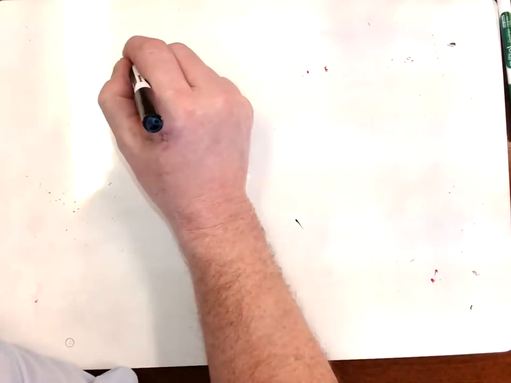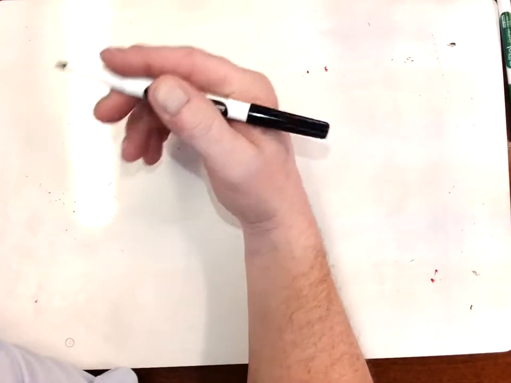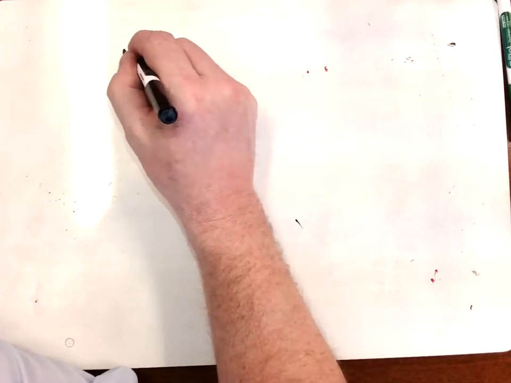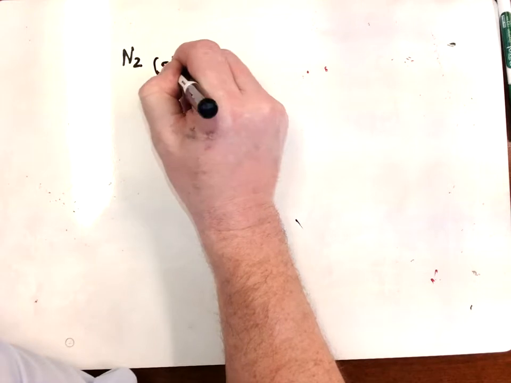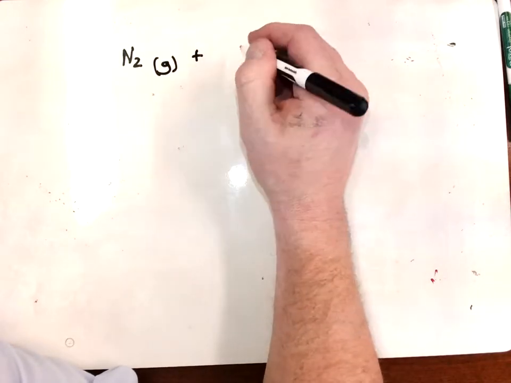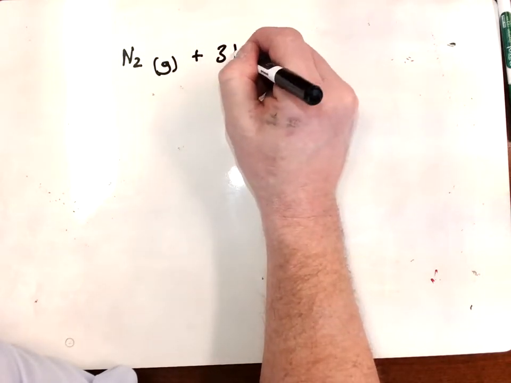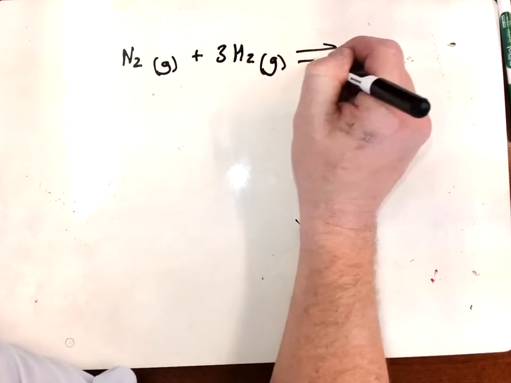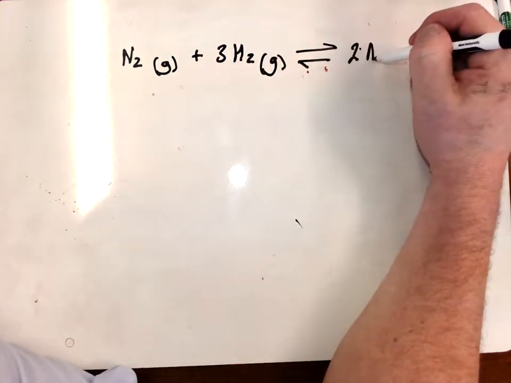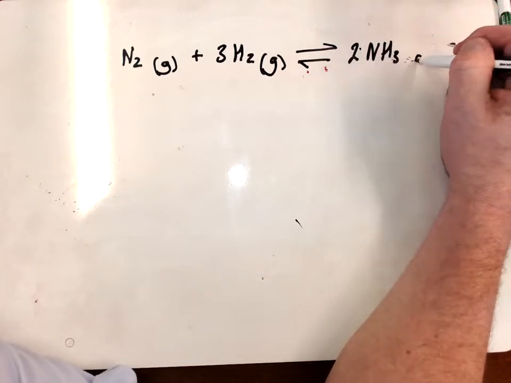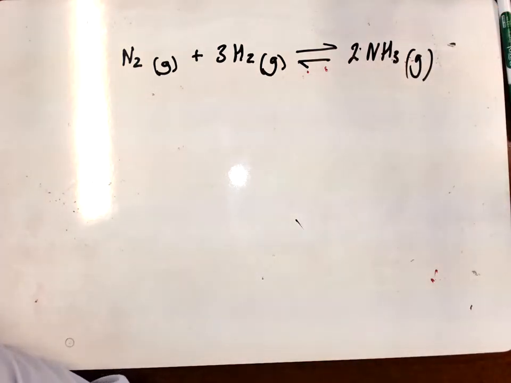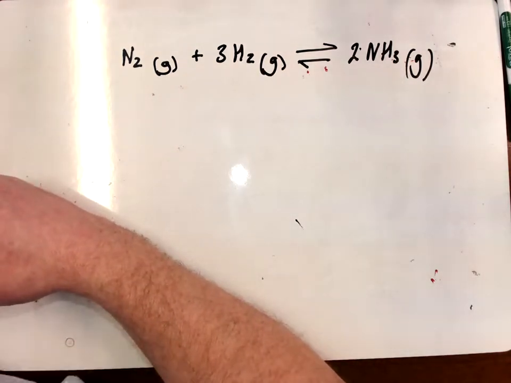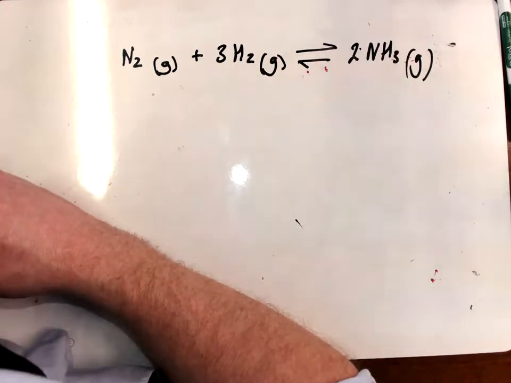So let's look this time at pressure, and the first thing we look at, if we're going to say that an equilibrium would be affected by pressure, is: are the substances in that equilibrium gases? Because if they're not gases, you cannot affect the position of the equilibrium by pressure. So here we have all gases, so this is what we call a homogeneous equilibrium, where everything is in the same physical state.